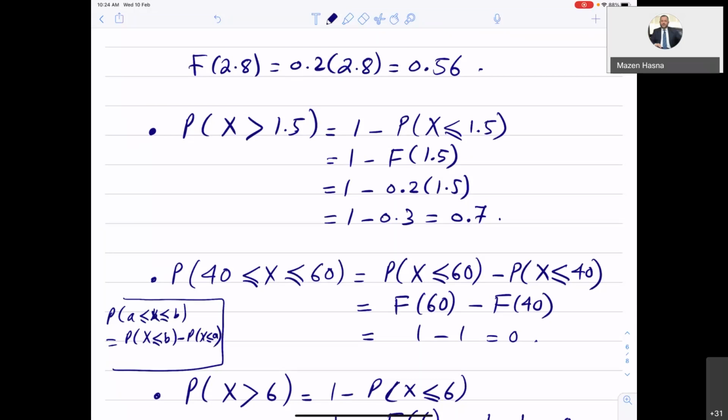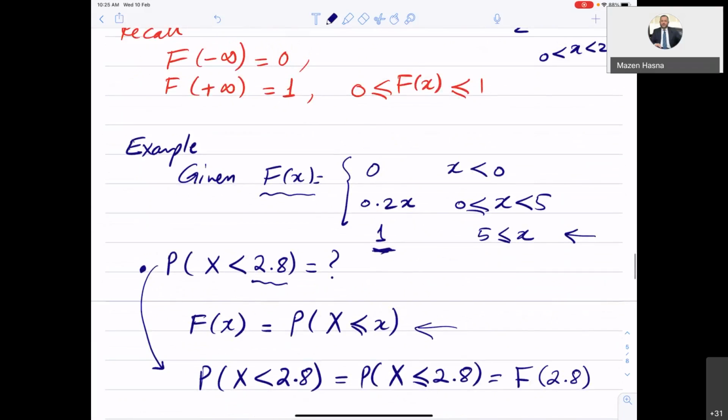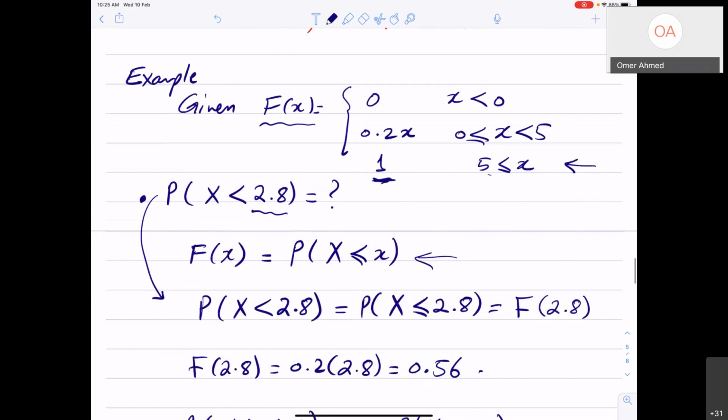Of course, in discrete, you have to be careful whether you have less than or equal or less than. For continuous, it does not matter. So this is the rule that we used here. Each one of them is F of 60 minus F of 40. And then we found 40 and 60 from the definition. They are both greater than 5, so the value of F of x is 1 at those values. Okay, clear?